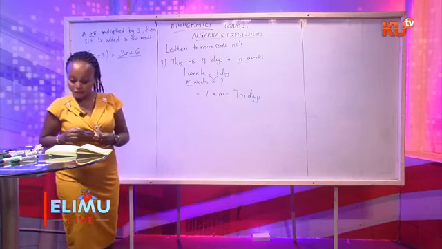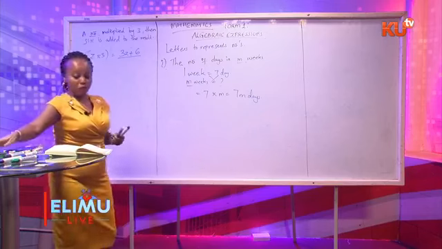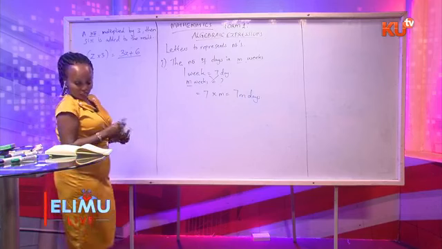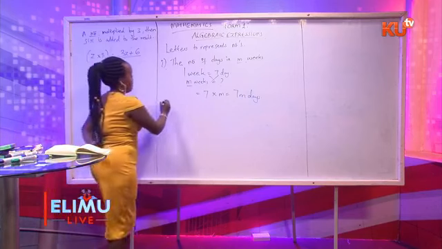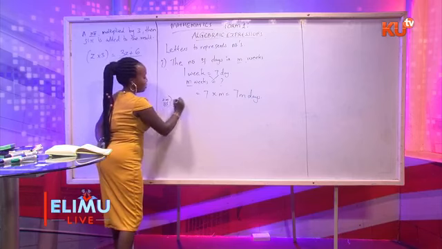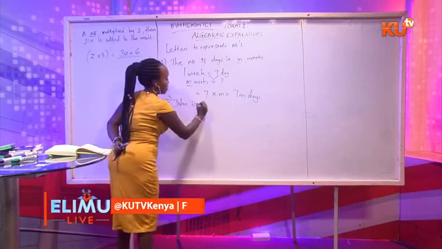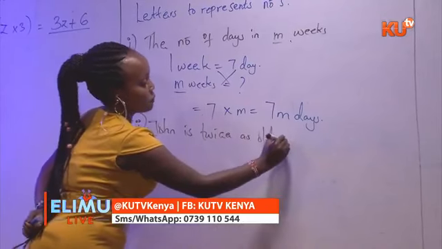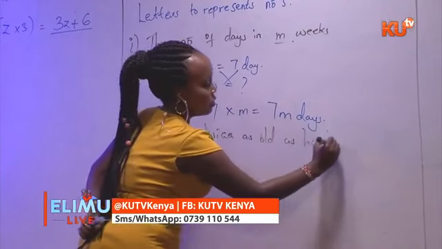Now let us see a last example, whereby this one comes mostly. Example 3. We are told that John is twice as old as his brother Kogo.